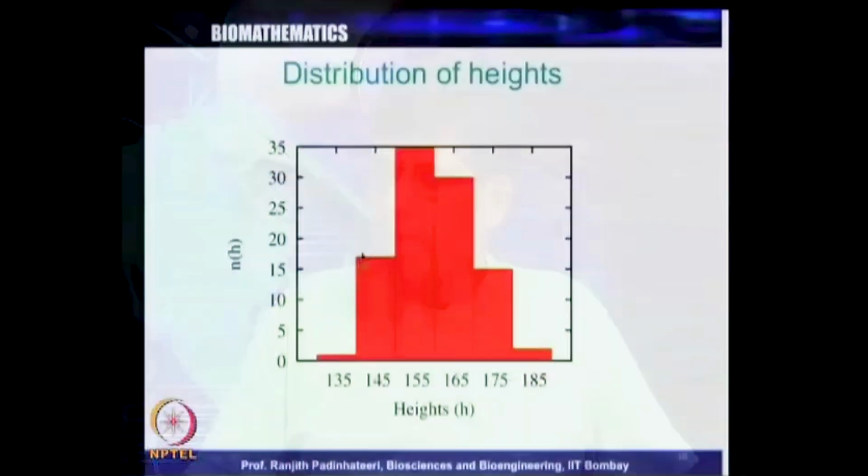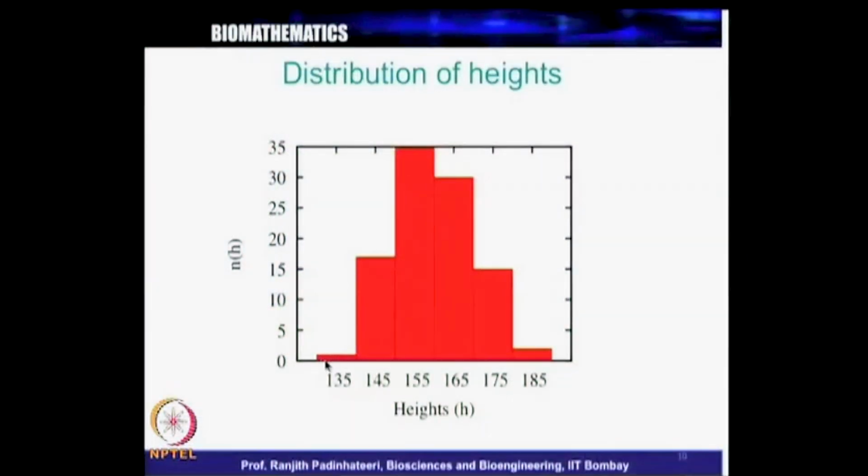One way of presenting such things is called a histogram. When you plot this kind of data, it appears like a histogram. So, what is a histogram? Let us say between 130 and 140, I put 135, some number in between.